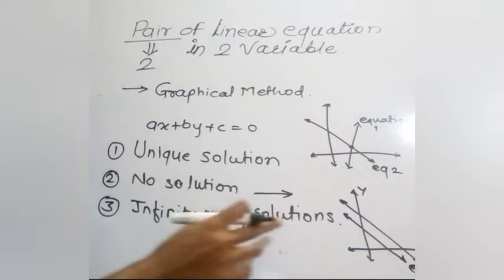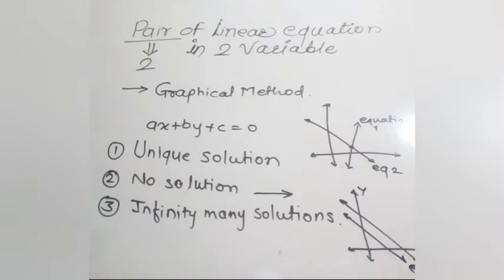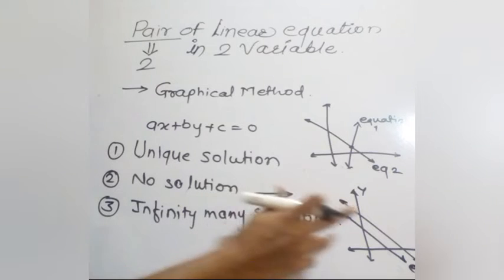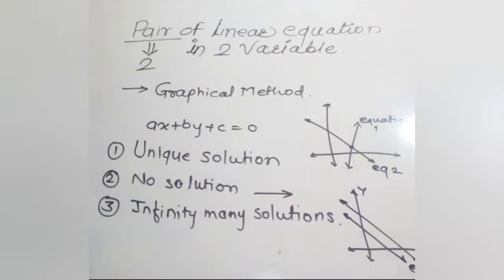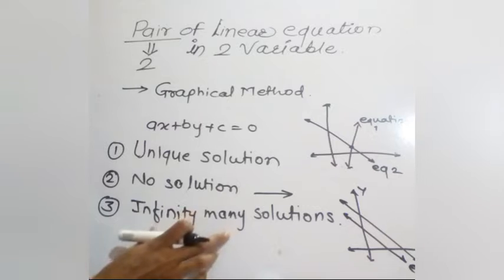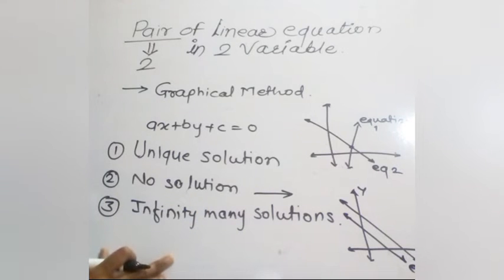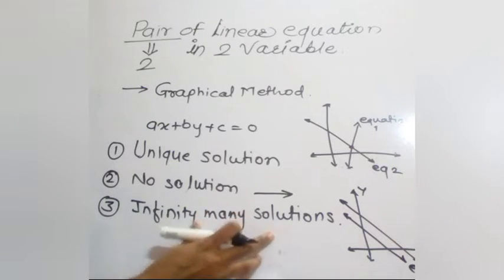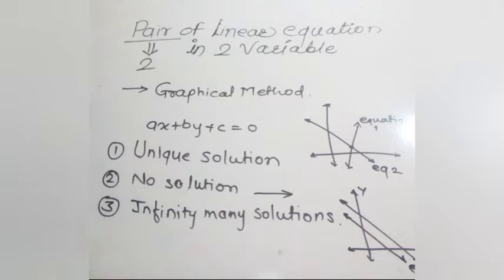And if we talk about infinitely many solutions, in that case the lines overlap each other. The same line for both these equations. In that case, we get infinitely many solutions for a pair of linear equations in two variables.